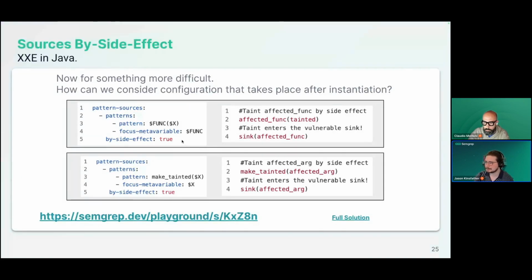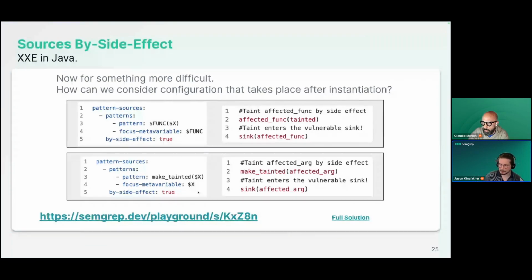For example, if we have some kind of function that takes in x, we focus in on the function. If tainted data enters the function, then by side effect, func becomes the source of our taint. The same goes for some kind of function that would make data tainted: the safe data comes in, we focus on that, and by side effect, that is now tainted.